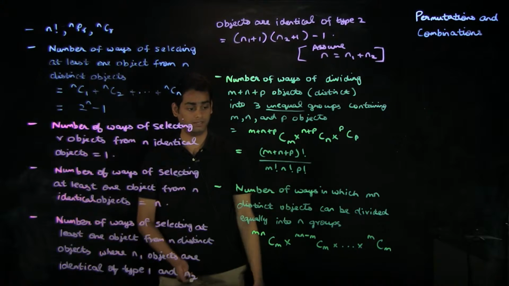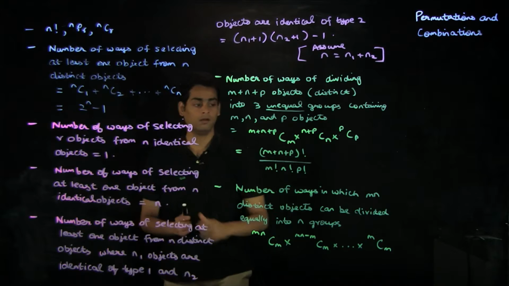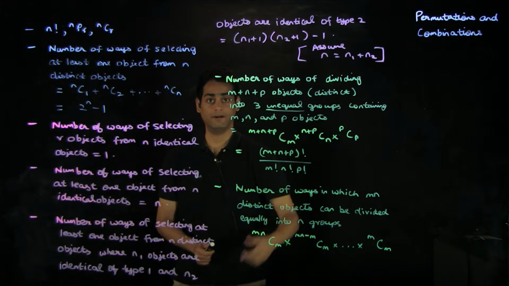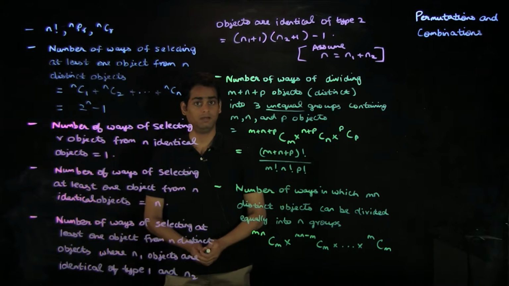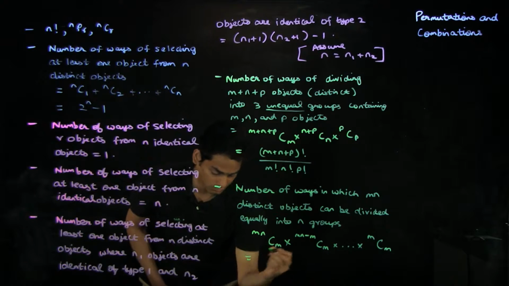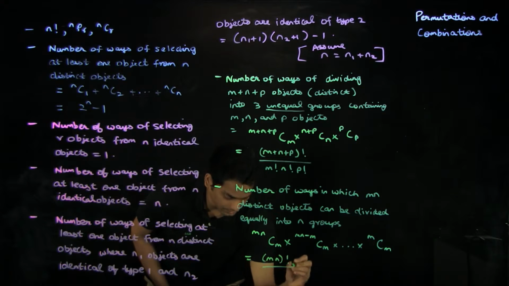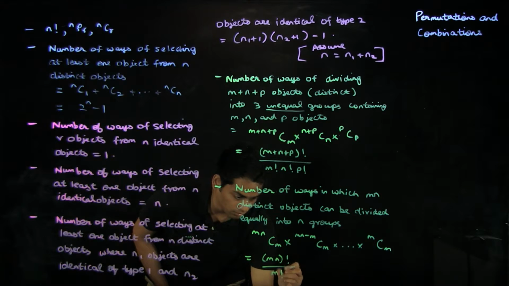This is the result where we have so far ignored that the groups are equally divided, where each group has m objects. If you derive this result out, it's going to turn out to be mn factorial divided by (m factorial) whole power n.